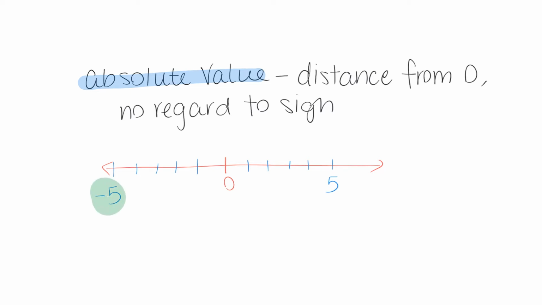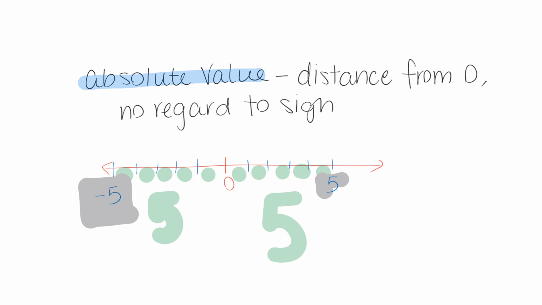So -5 is 1, 2, 3, 4, 5 steps away. So 5 steps away. And +5 is also 5 steps away. So the absolute value of -5 and 5 is 5 because they're both 5 places away from zero.